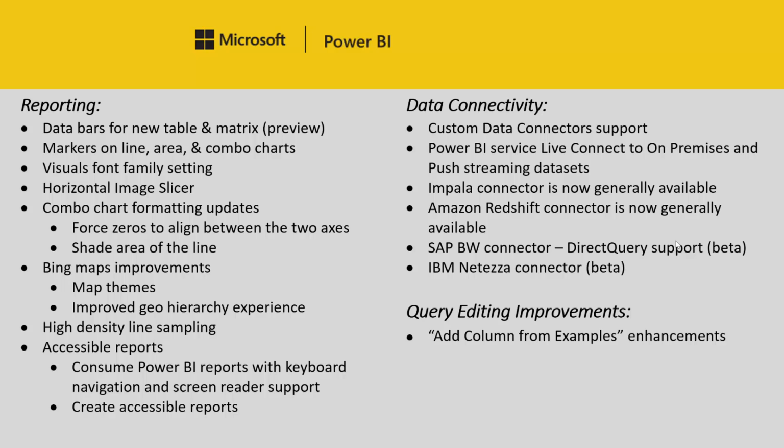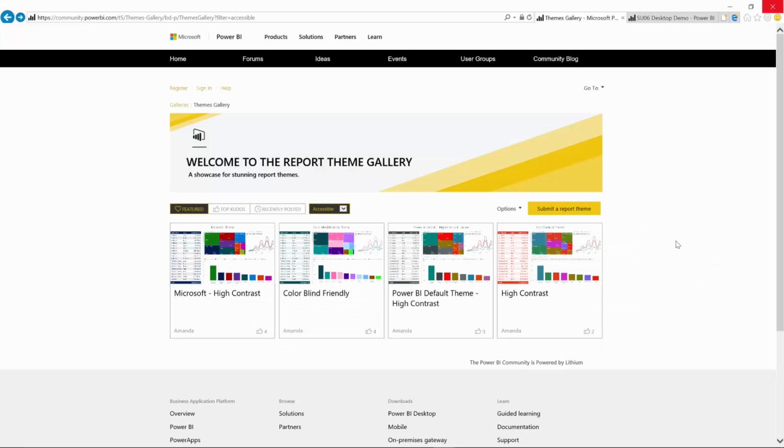And markers is a really big help whenever someone viewing your report is going to be colorblind, because you're no longer relying purely on color to differentiate the lines. You can also use our theming feature. We have in the desktop a theming feature in preview, and on our community site we have a great report theme gallery, and there are several accessible themes there as well.